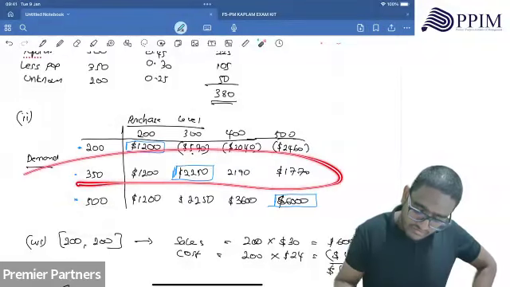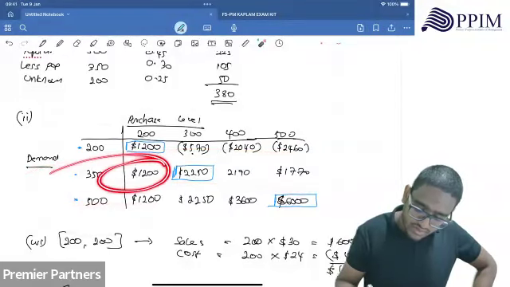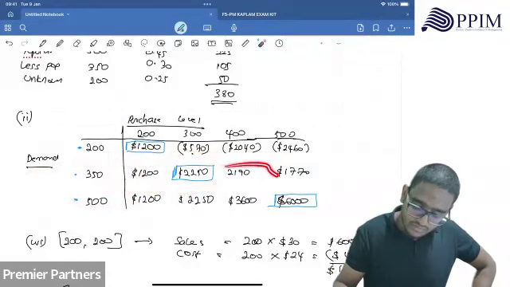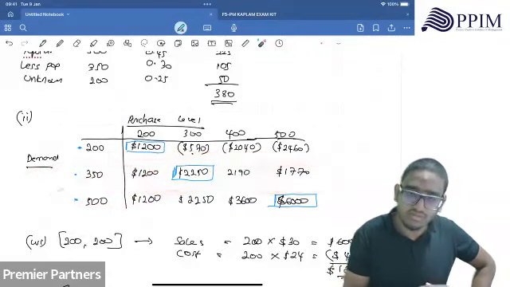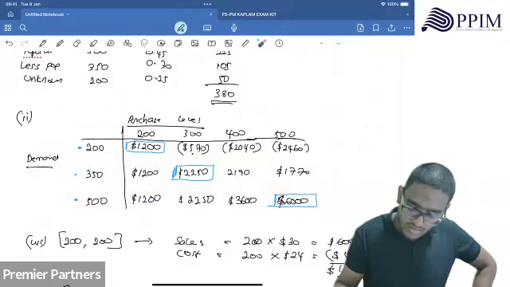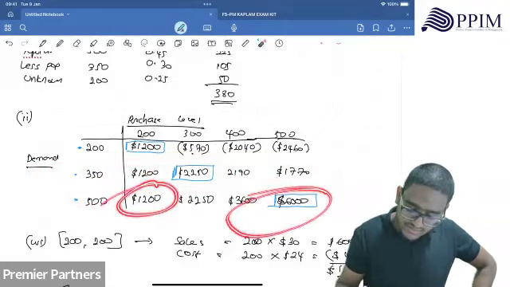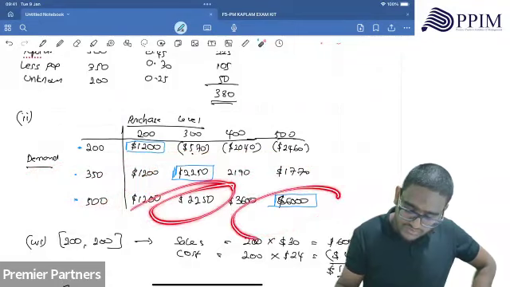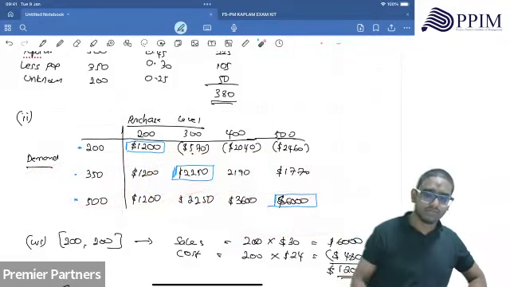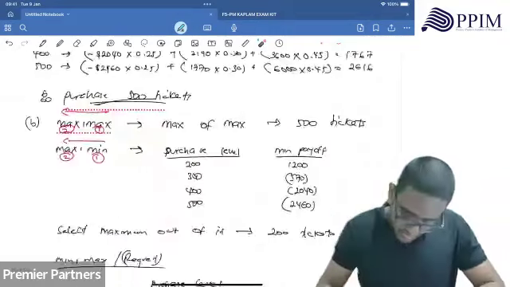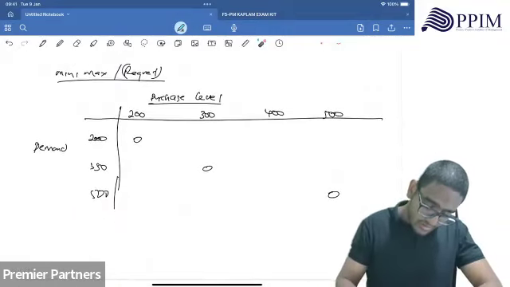Here, when you come to this line, take the 1200, deduct it from 2250. 2190, deduct it from 2250. 1770, deduct it from 2250. 1200 minus 600. 2250 minus 6000. 3600 minus 6000. Okay. Let's quickly work it out before we go home.